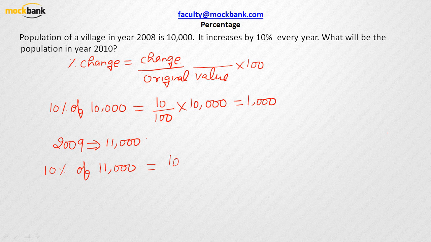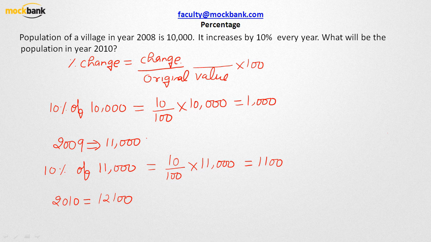That comes out as nothing but 10 over 100 times 11,000, and that comes out as nothing but 1100. So what is the population in 2010? It would become nothing but 11,000 plus this value. So the population in 2010 is 12,100.